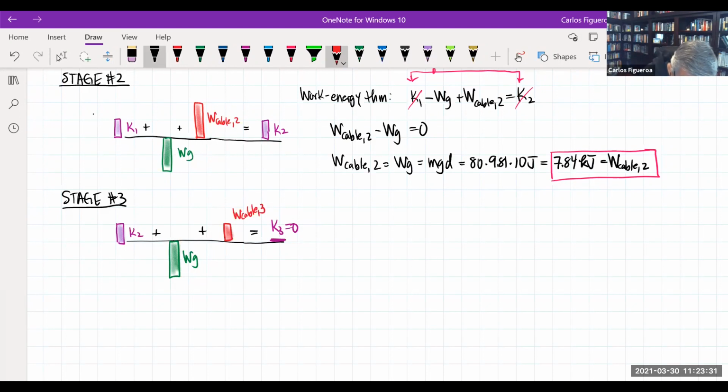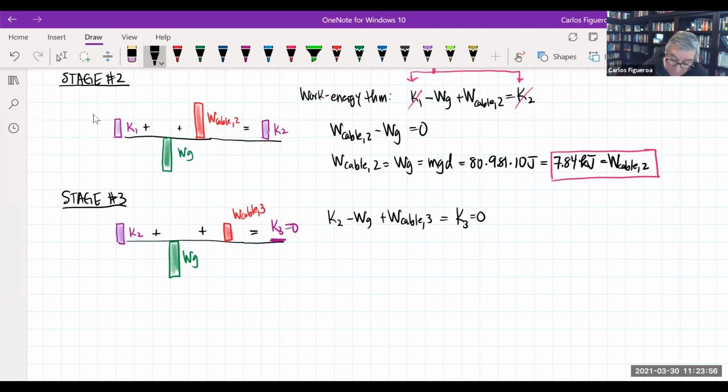So here I go. I need to calculate the work of the cable. Using the work energy theorem for my picture, it's going to say K2 minus the work of gravity plus the work of the cable at 3 equals K3, but we know that's 0.